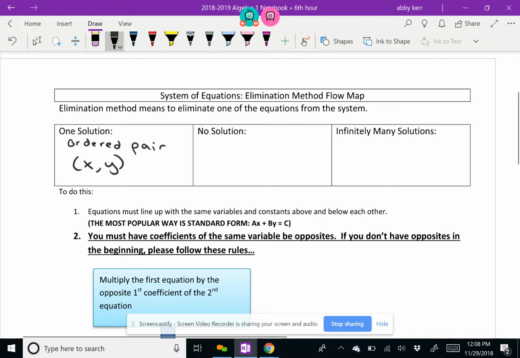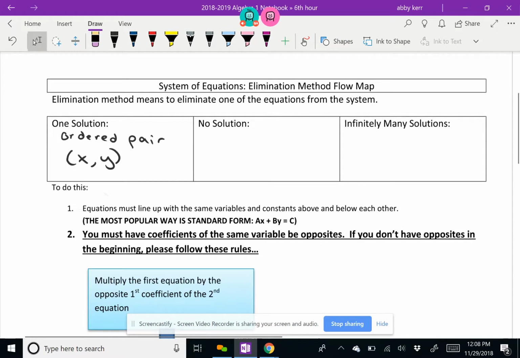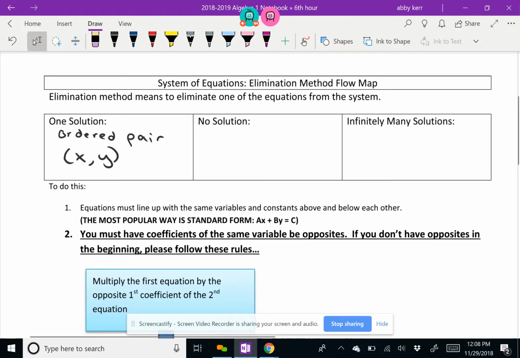No solution, we are used to graphing. No solution would be parallel lines. However, since we're not graphing, we'll have to figure it out a different way. And when you eliminate two equations, the x and the y go away, and you're left with a false statement.